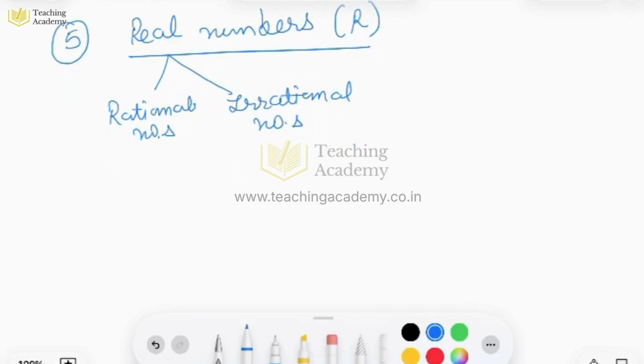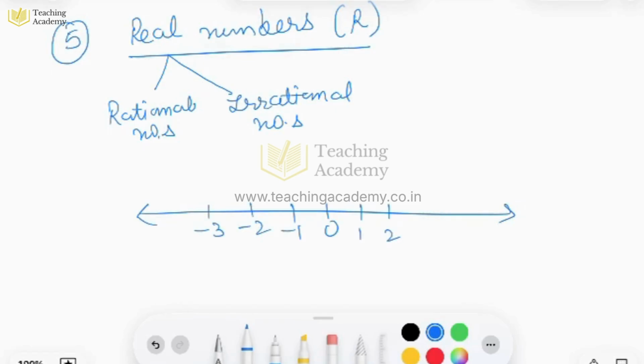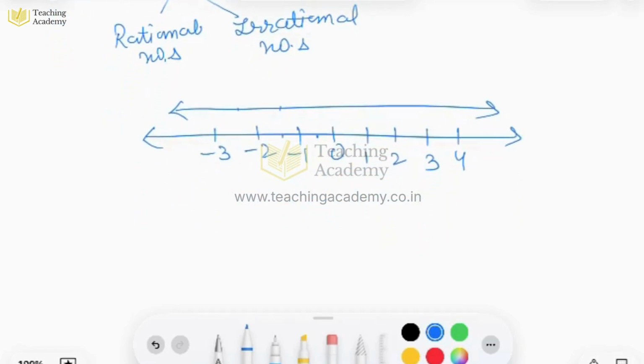That means all the numbers on the number line, whether it is positive, negative, 0, 1, 2, 3, any number, it will be going in both the directions. And even the middle numbers or these values are also included, right? Irrational numbers are basically the numbers which cannot be written in P by Q form.